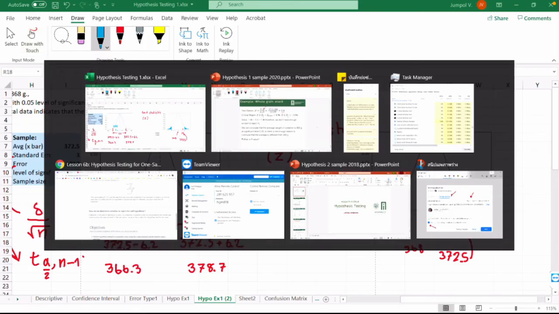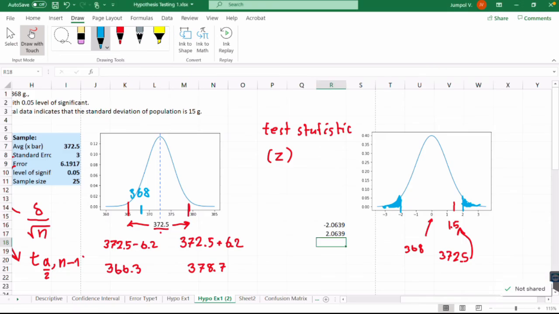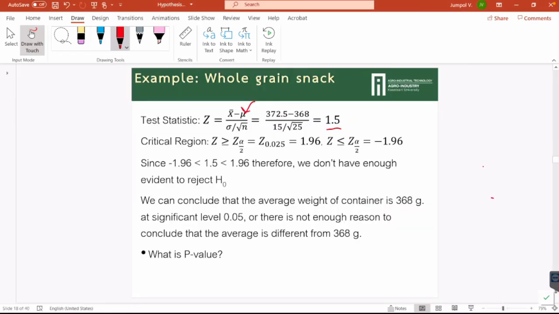In the PowerPoint here, instead of using t value, they're using z because they assume that the distribution is normal, so they use z instead of t, which is fine because in this example, the distribution of the population is normally distributed.